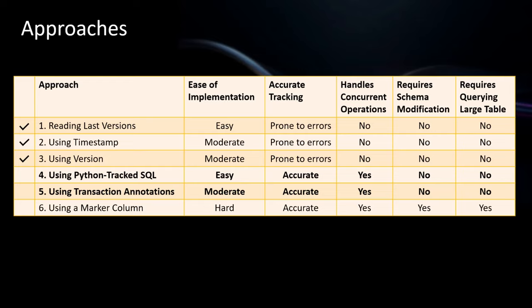It's a bit hard because you have to make changes to your destination table. And of course, you have to query the data table. So if the data table is really big, if you have billions of records, you might see some performance issues as well. So we don't recommend the sixth method, but if you want, you can use it.